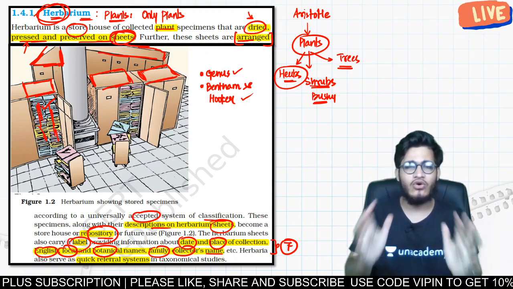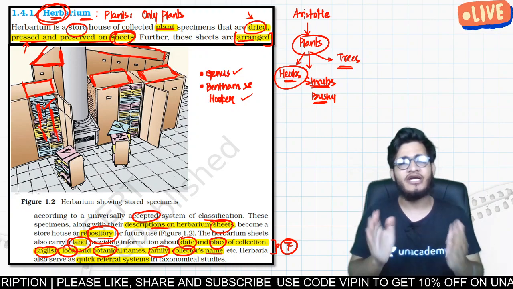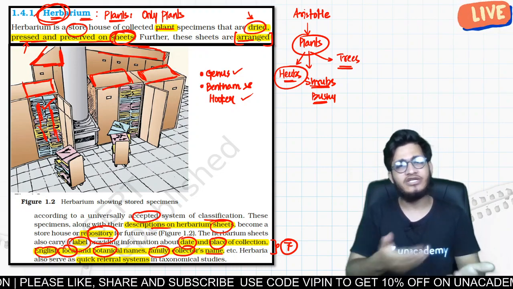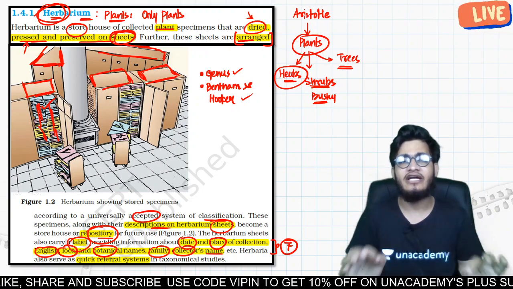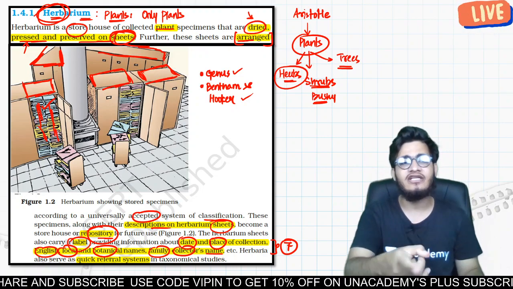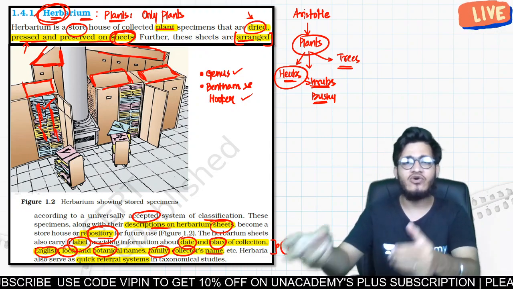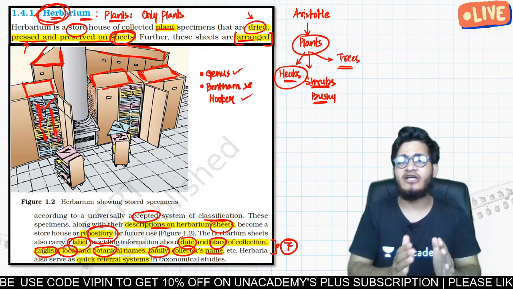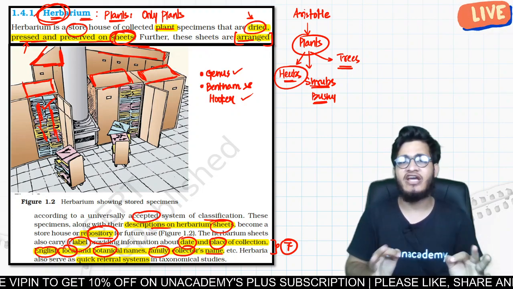So you can just go to a repository, you can search out your family, you can search out the genus, and you will be getting your specimens in your hand. You can read them, you can gather the information, and you can also gather the locality, that is, from what particular locality this specimen was taken, so that you can go to that locality and gather the same specimen also, because in these studies the original and authentic specimen collection is very critical.